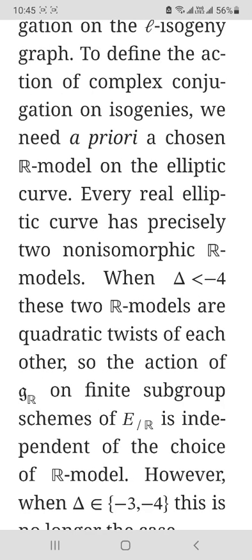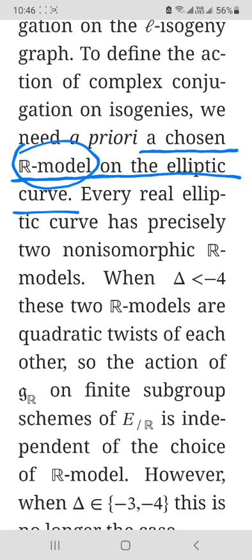To define the action of complex conjugation on isogenies, we need a priori a chosen R model on the elliptic curve. So here is an important concept. We need a priori a chosen R model on the elliptic curve.